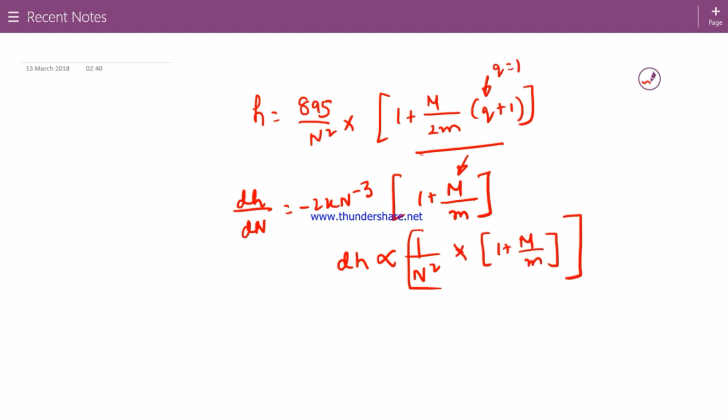It means if your speed is increasing, a change in height, a difference of dh, should also happen. The change in height should also happen.